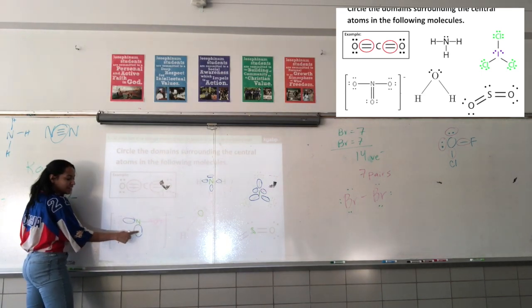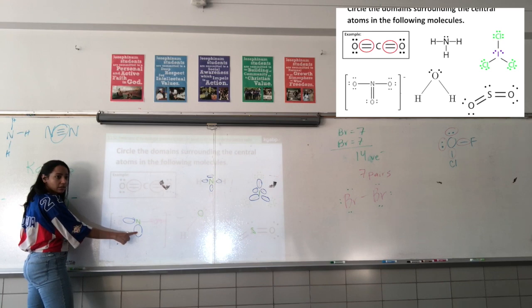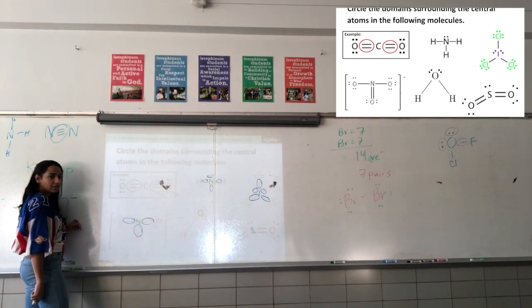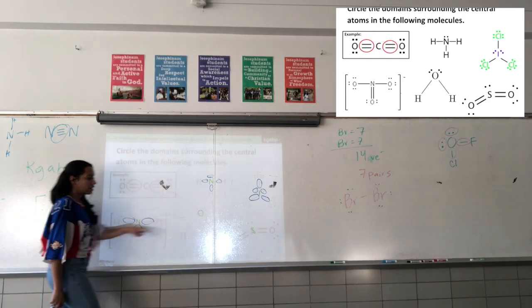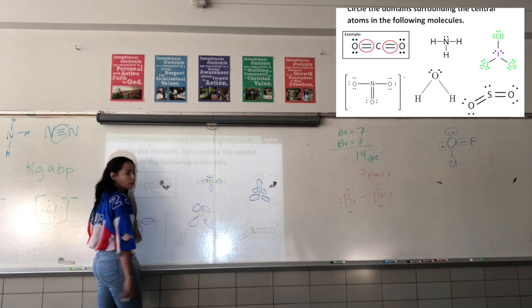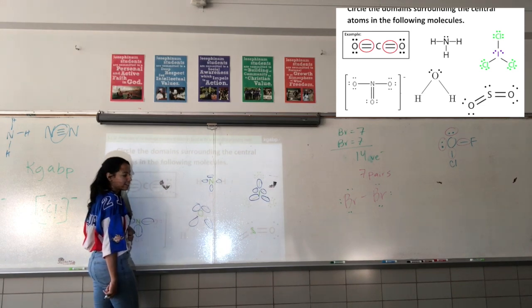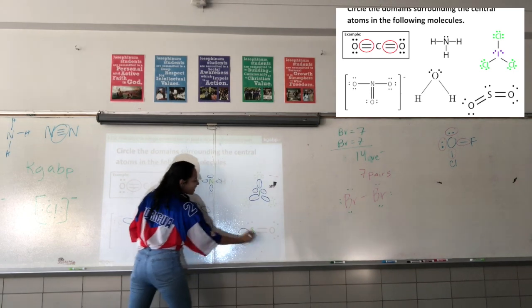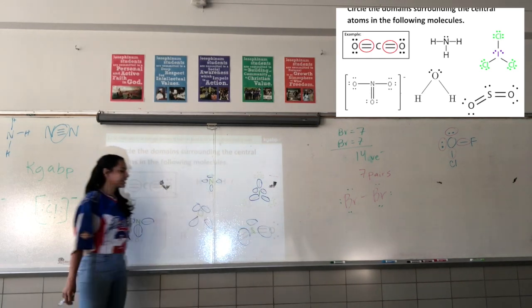Good. Be careful with that double bond. That's 3. Here, how many? 4. Yes, 1, 2, 3, 4. This one, 3. Okay, 1, 2, and 3. Good.